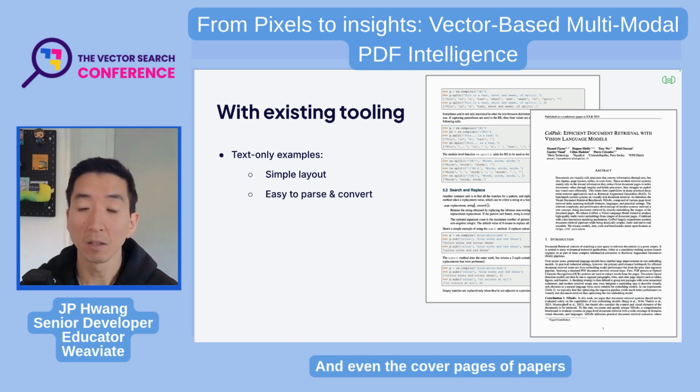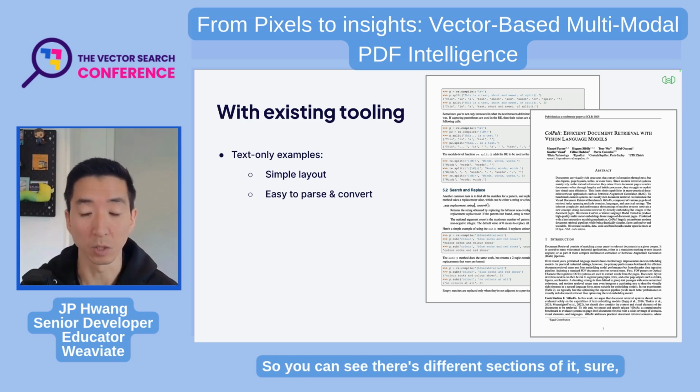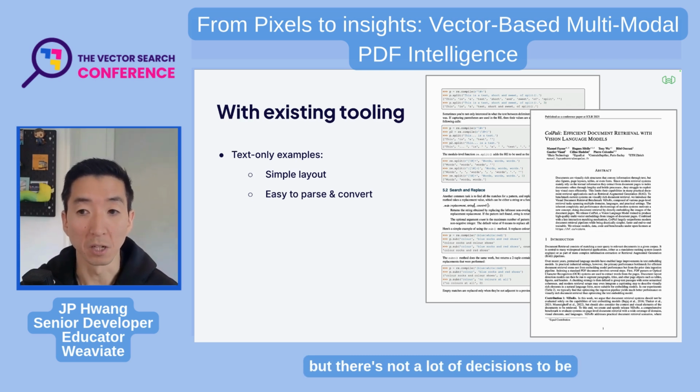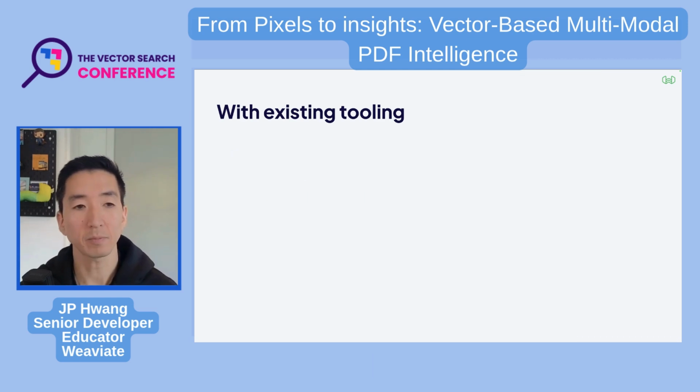And even the cover pages of papers would be fairly straightforward as well. So you can see there's different sections of it, sure, but there's not a lot of decisions to be made, perhaps, that are very difficult in terms of how to turn this image into blocks of text.